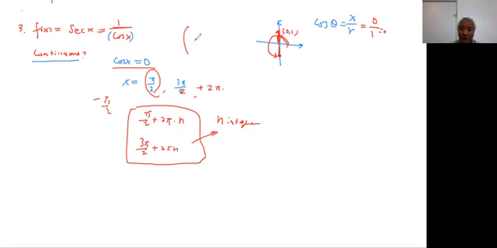But how about negative pi over 2 to pi over 2 like this? Dominic, is this good? Is the second function continuous on this? Which one?